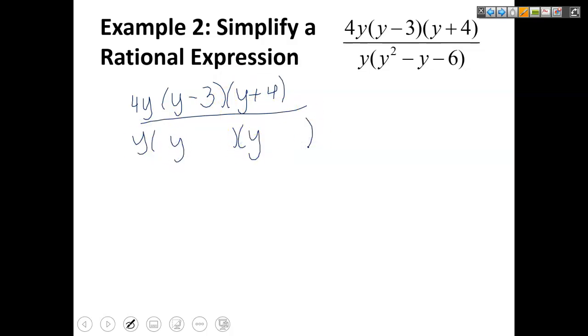Does y squared minus y minus 6 factor? The last term is negative, the middle term is negative. That means one term has to be on each side. So you need factors of 6 that are 1 apart and sum to -1. So -3, +2.